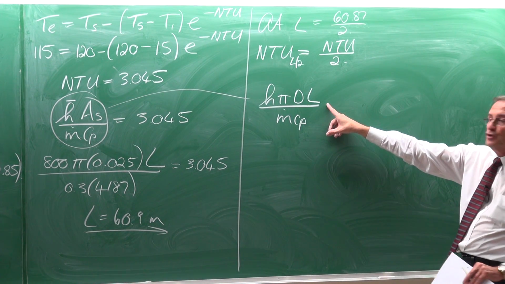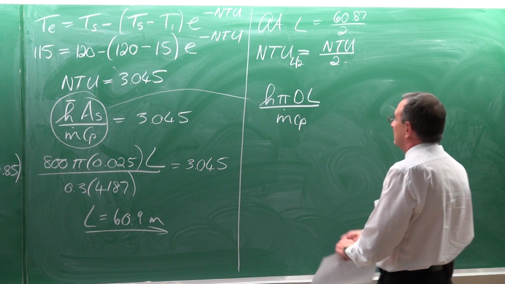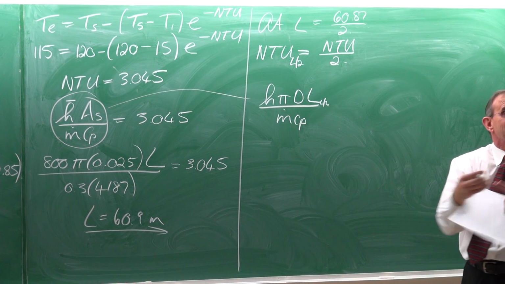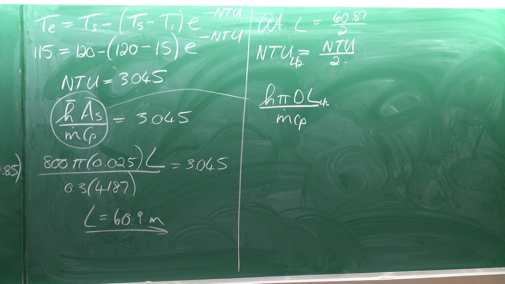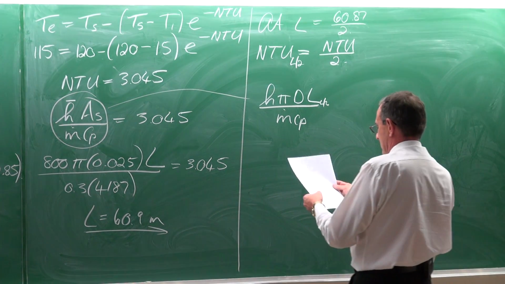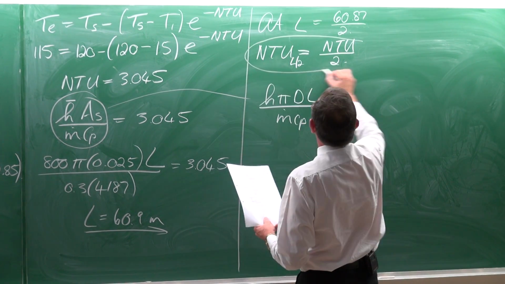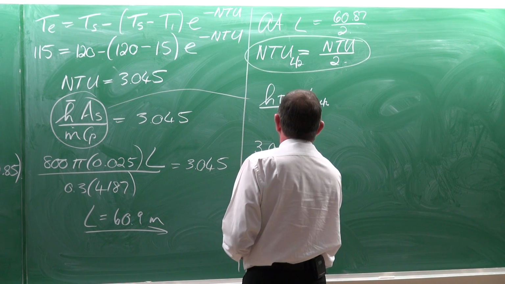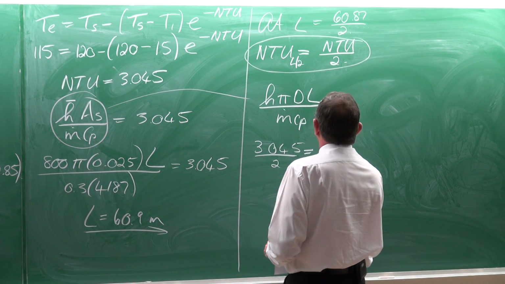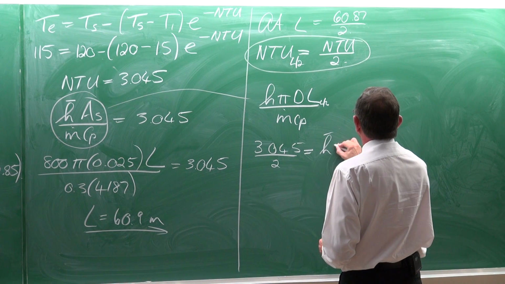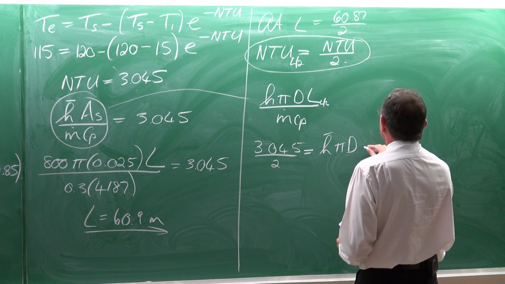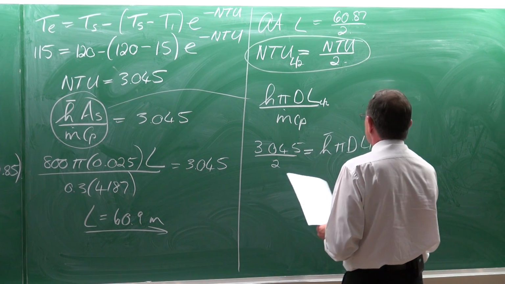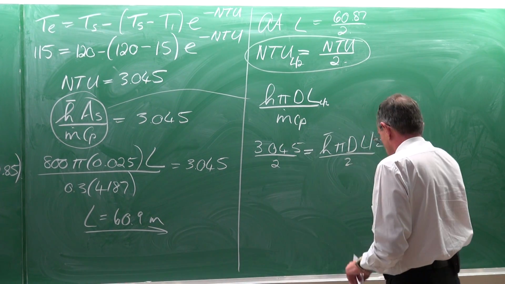So if we want to know, not at L, but at L divided by 2, it means it is just half of the NTUs. So if we make use of that, the NTUs of 3.045 divided by 2 is equal to the heat transfer coefficient multiplied by pi d multiplied by L divided by 2. Okay, sorry, no.